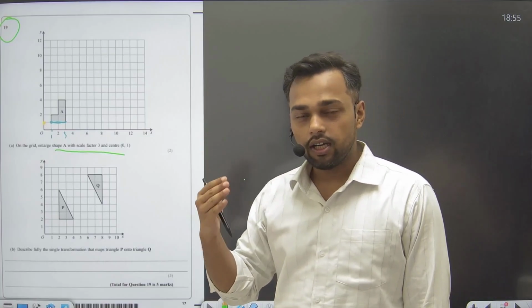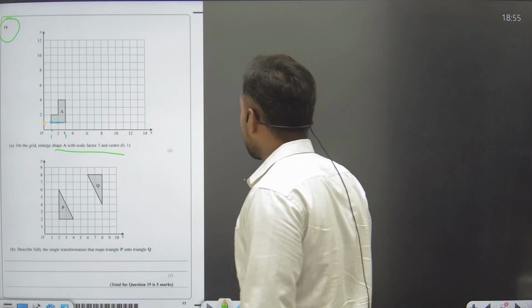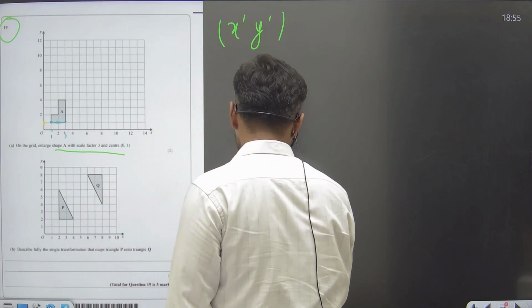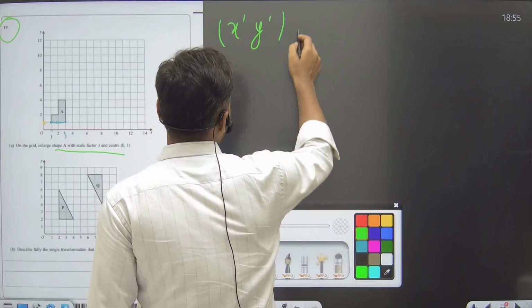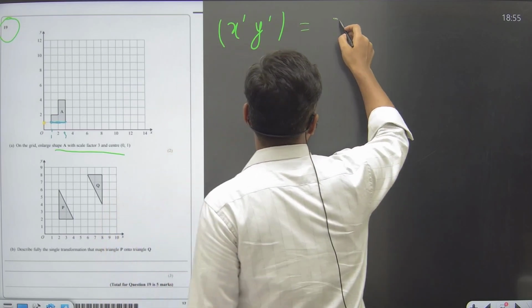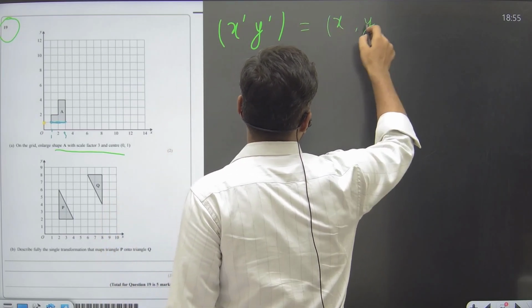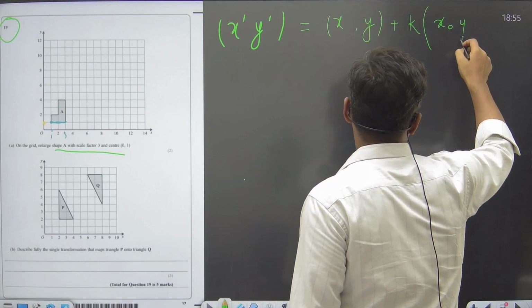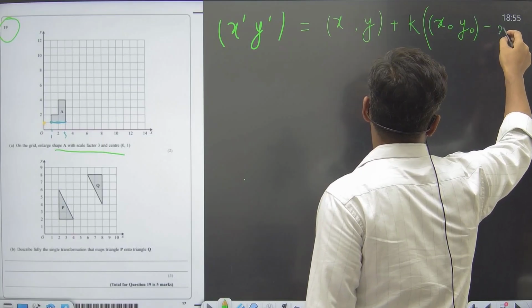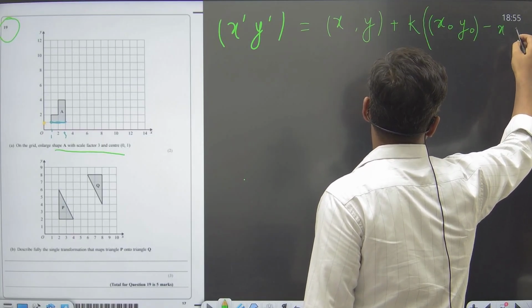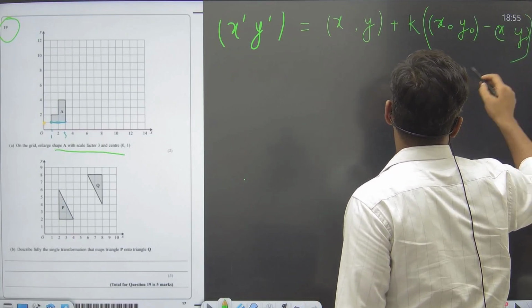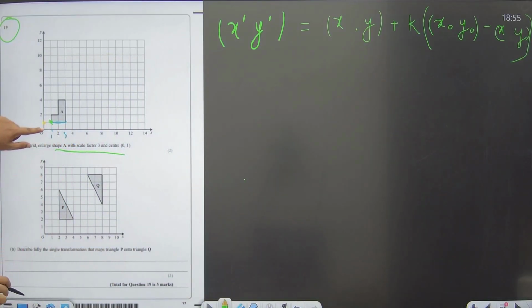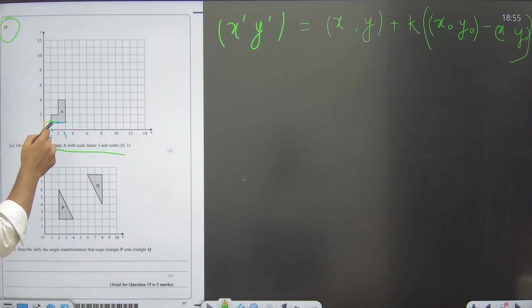To find the new coordinates, there is a formula for that, so I'll write that formula for you. (x', y') equals (x, y) plus k times ((x0, y0) minus (x, y)). For example, if the coordinate here is 1, 2, I'm talking about this coordinate.